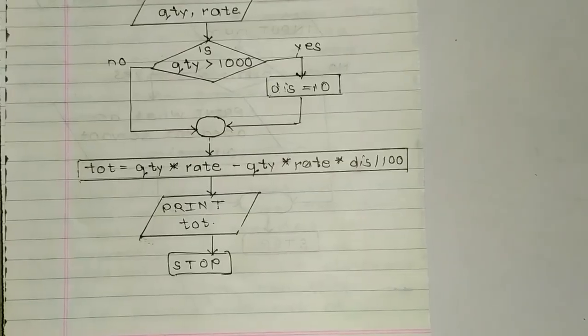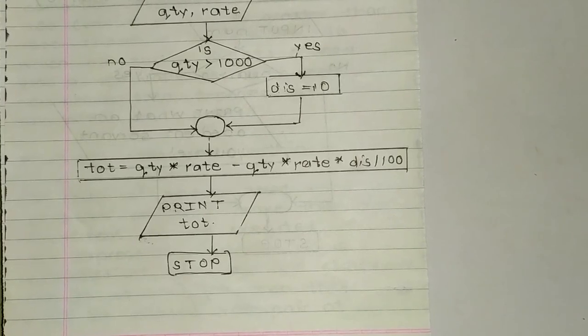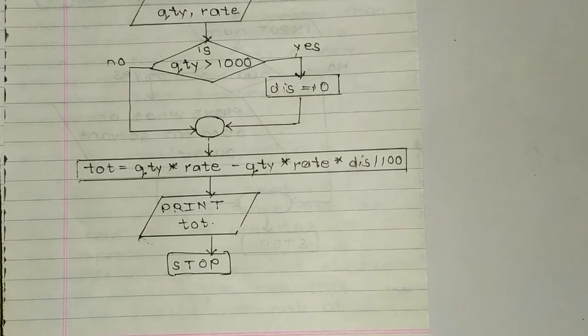Now in this next block, which is a rectangle, we have the formula for calculating the total, that is TOT is equal to QTY, which is quantity, star, that is multiplication, rate, minus quantity star rate star discount divided by 100.